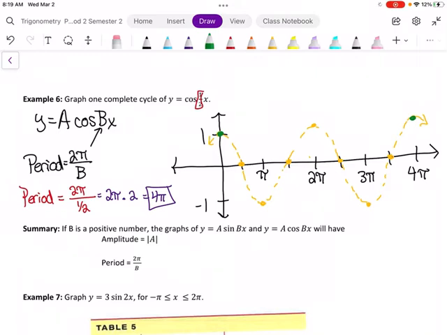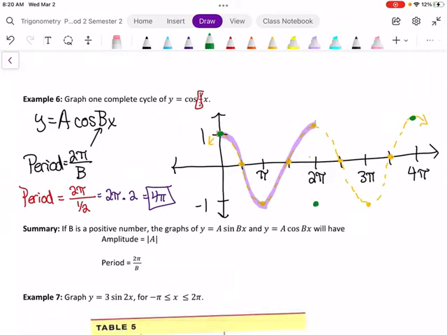So we know that it's going to start at 1 and it's going to end at 1. If we look at our full period of our parent graph, if we start at 1, we go down to 0, and halfway through we're at -1, and then we work our way back up to 1. So halfway through our full period of 4 pi, we are going to be at -1.